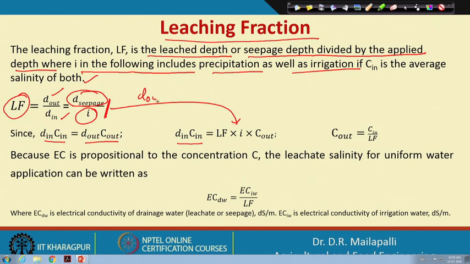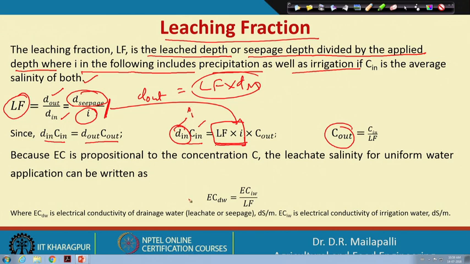From here, d out is equal to LF into d in, where d in is I. Finally, from this equation C out is equal to C in divided by LF, as the I cancels out. So, finally, C out is equal to C in by LF.